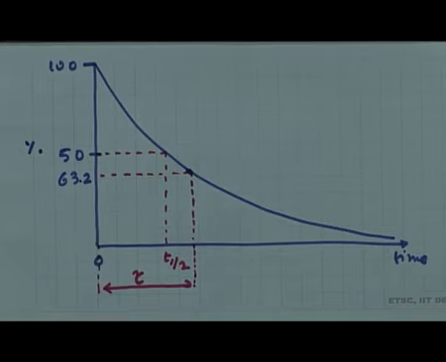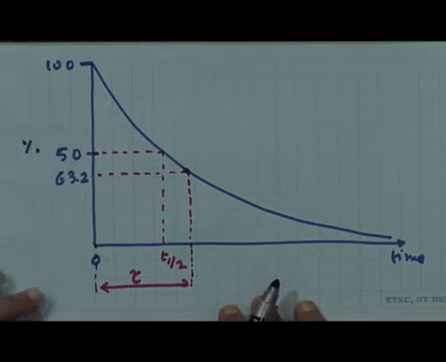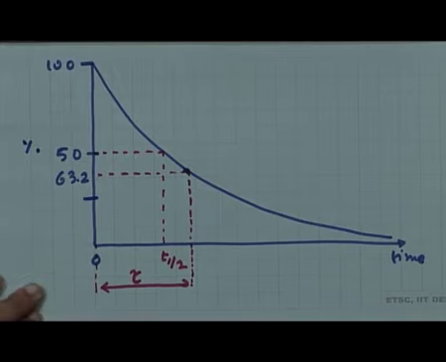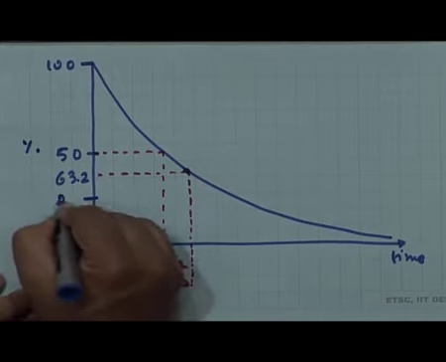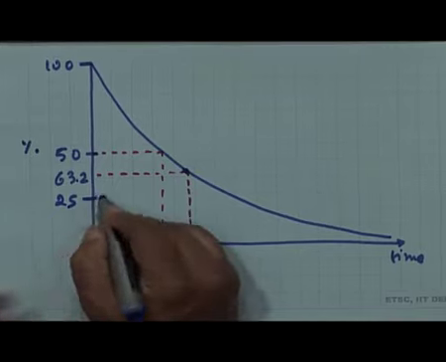Now, what about the other T halves? From 50% I come down to another half somewhere here, so that would be 25%.